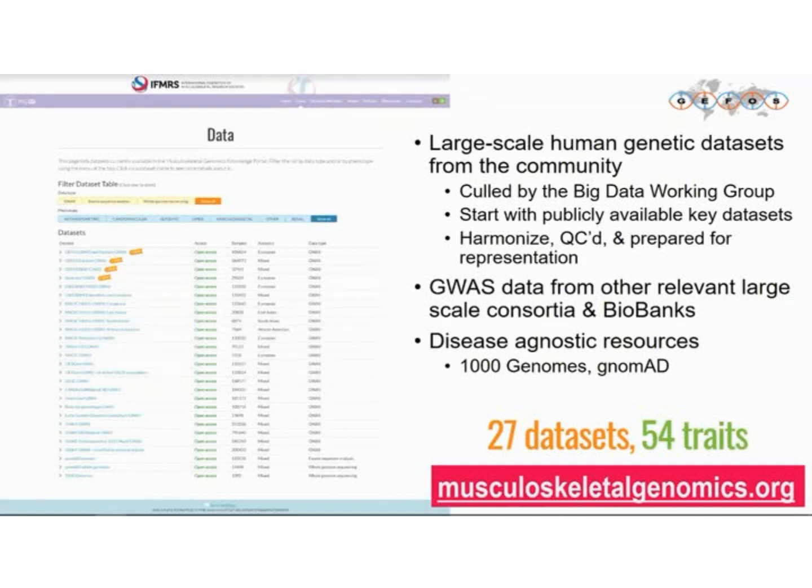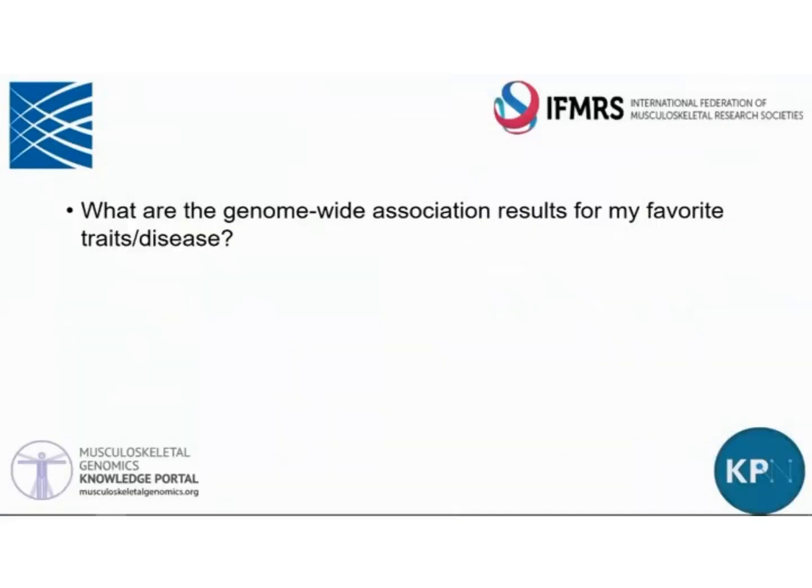Right now we are focused on human data sets. The Big Data Working Group culls the options. Typically we're looking at published reports at this point, and publicly available data sets. The Broad team harmonizes and does quality control on the data. We also have GWAS data from other relevant large-scale consortia and biobanks, and disease-agnostic resources like the 1000 Genomes Project.